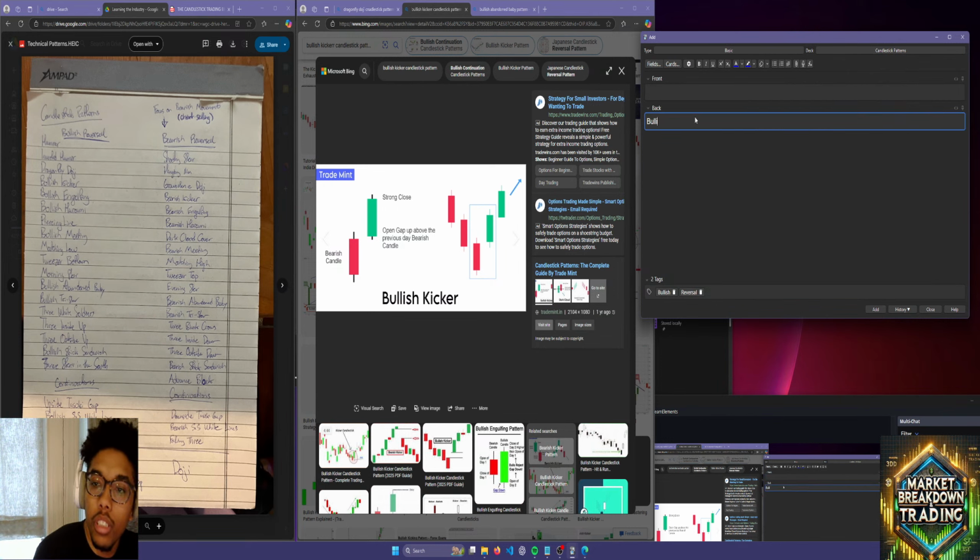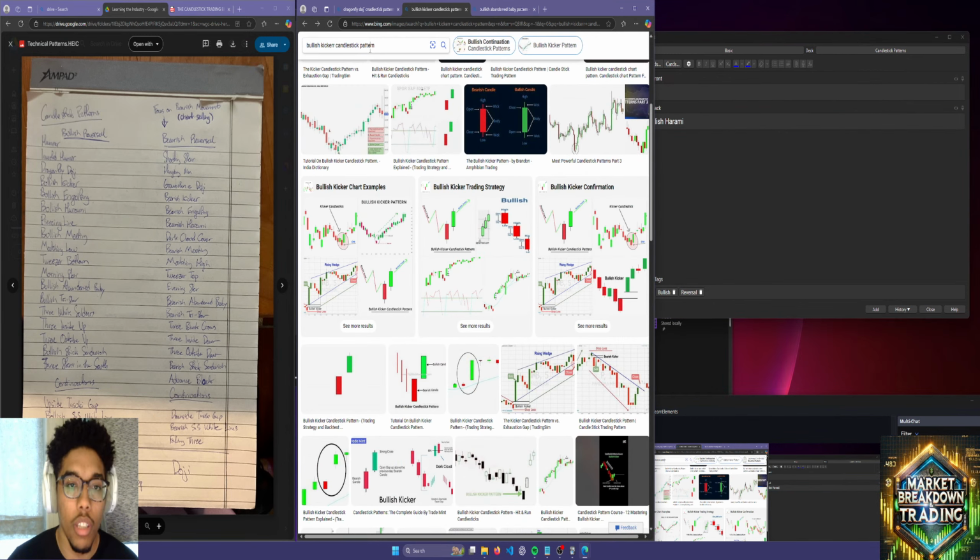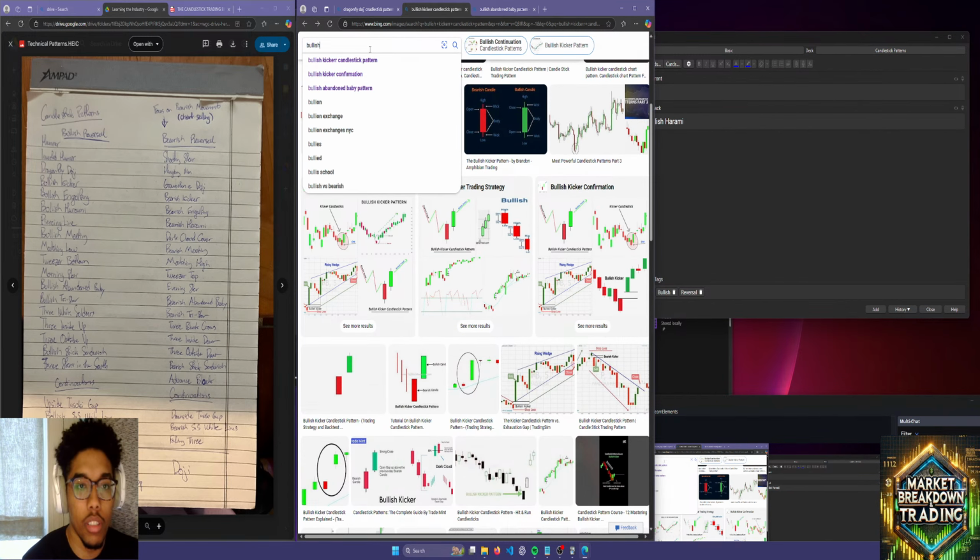Bullish Harami. So I think a bullish Harami is where you have a bearish candlestick that is not engulfed, but it's larger than a bullish candlestick, and the bullish candlestick opens at the bearish candlestick close, I think. But let's see.